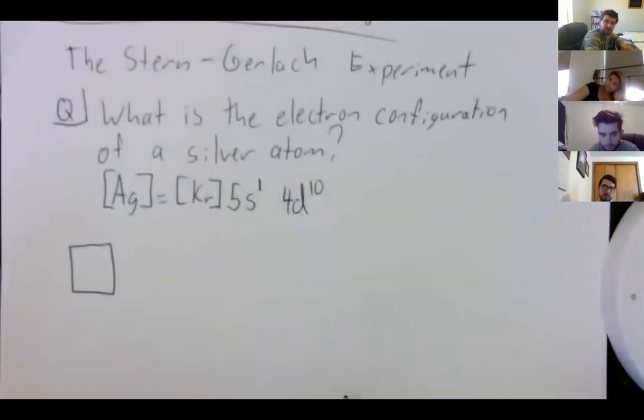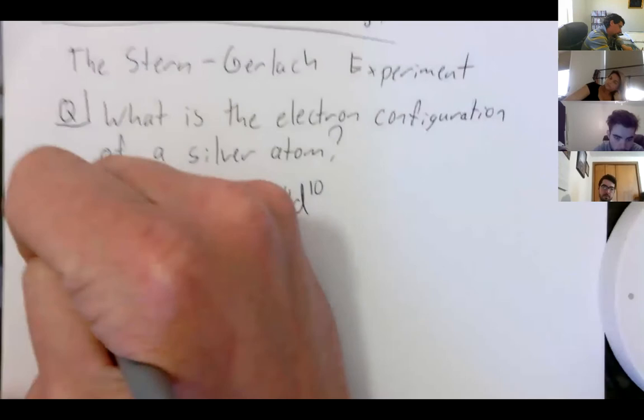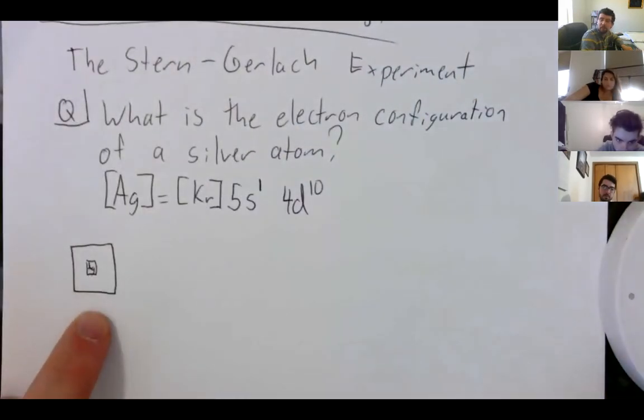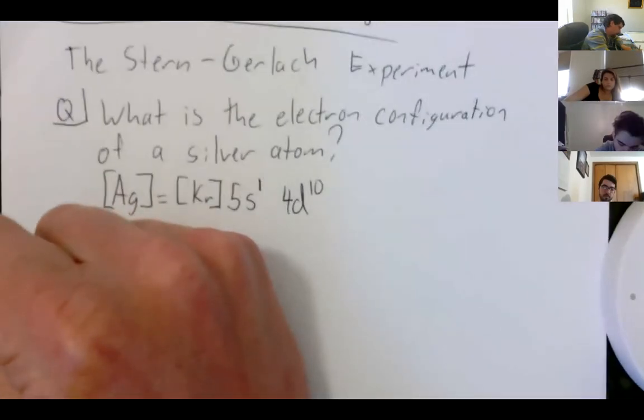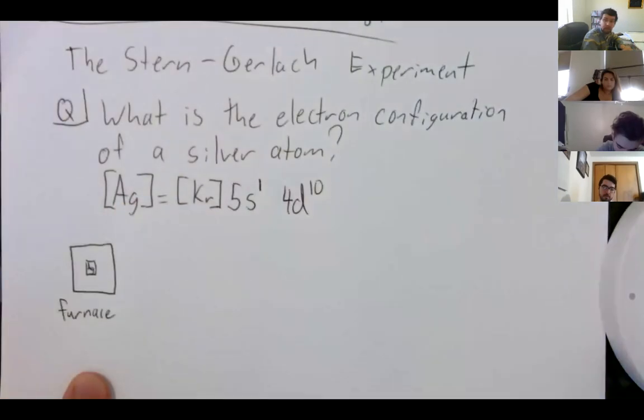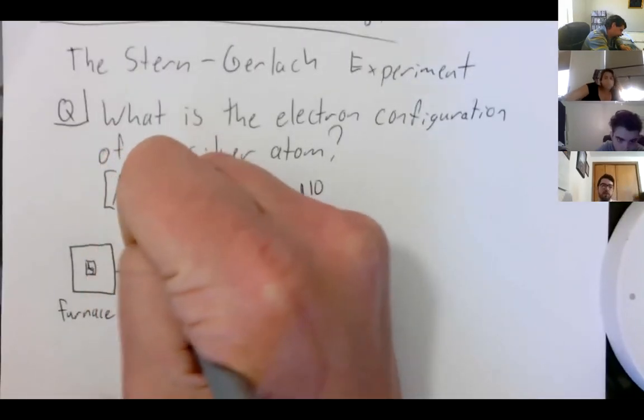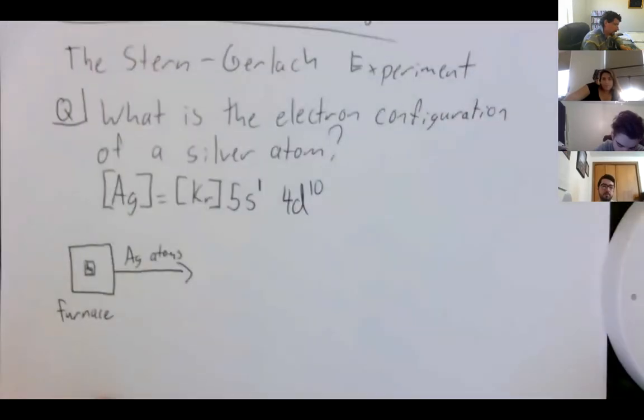So what they did is they got some silver, a little block of Ag. They put it into a furnace. They would heat it up really high, and they would get individual silver atoms. Okay.